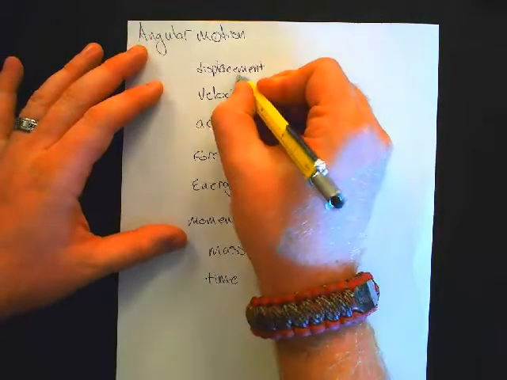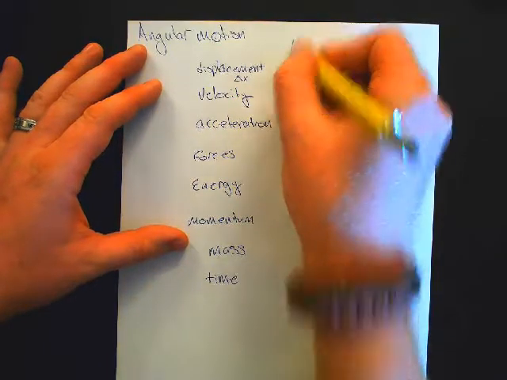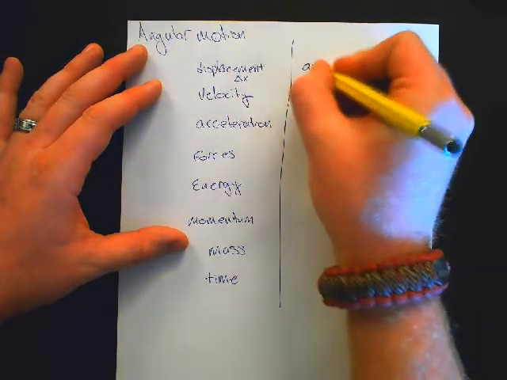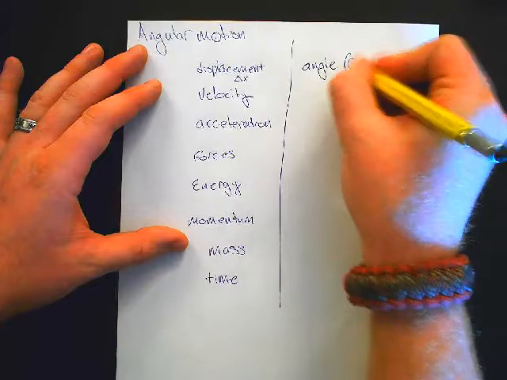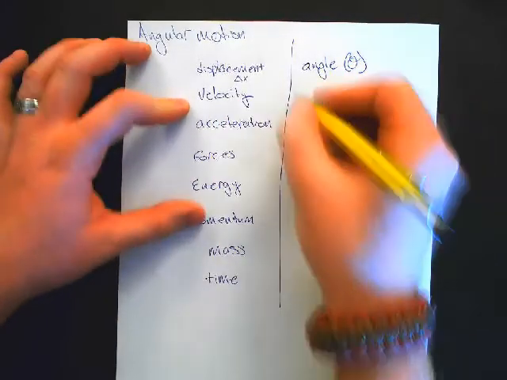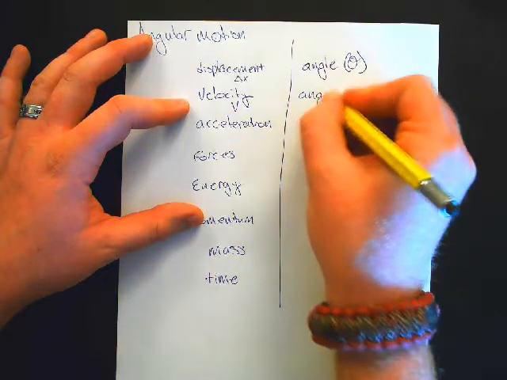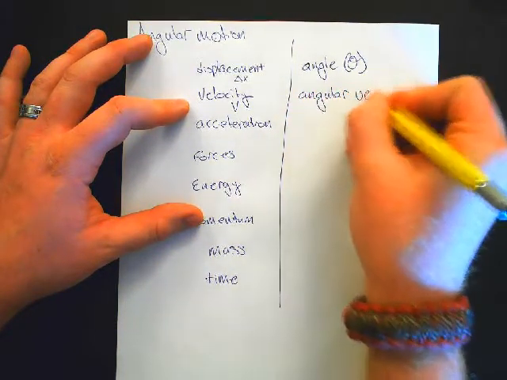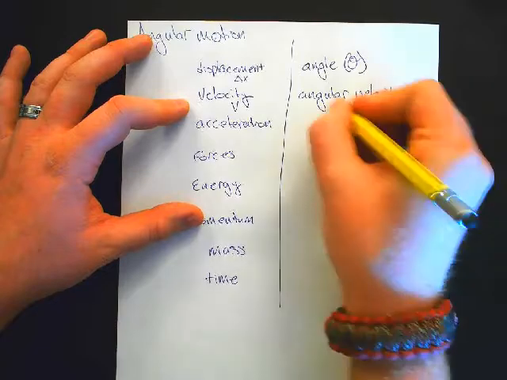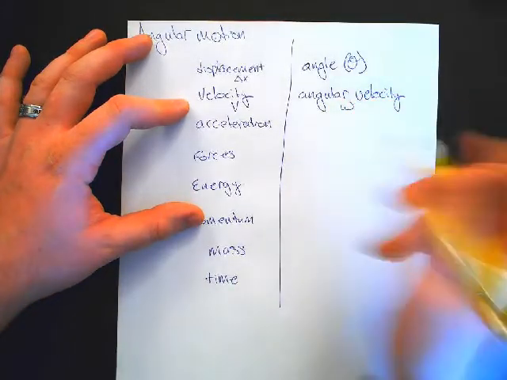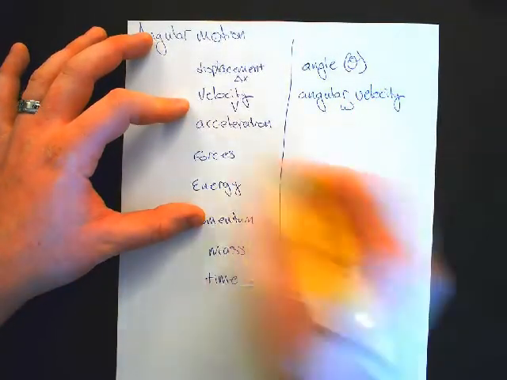So displacement, of course, was delta x. We're now going to be talking about angle, which is, of course, theta. Velocity was v. We're now going to be talking about angular velocity, which uses the Greek symbol omega. That is totally not a W, it is omega.